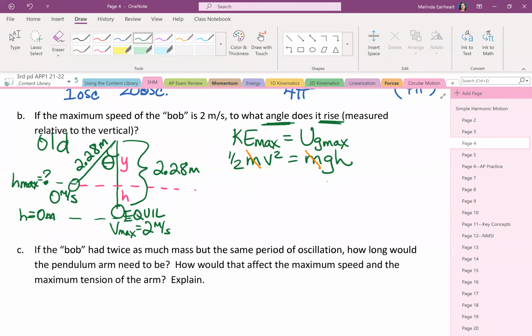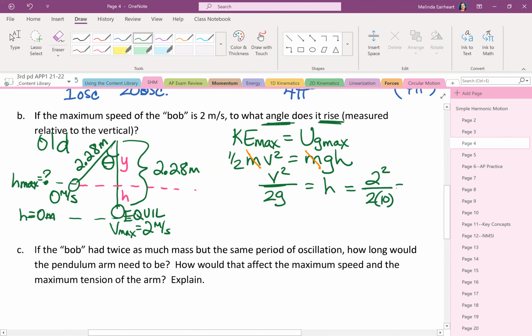And so to solve for that h, we just divide both sides by g. So you can write it as 1/2 v squared divided by g, or this should be equivalent. And they gave us the velocity max 2 squared divided by 2 times 10, 4/20. What is that max height?